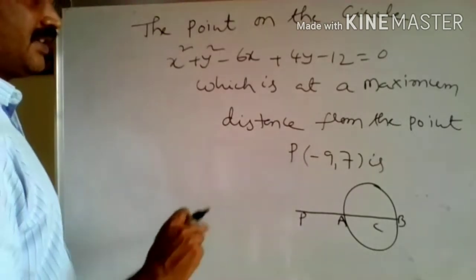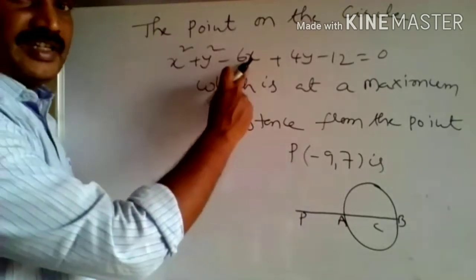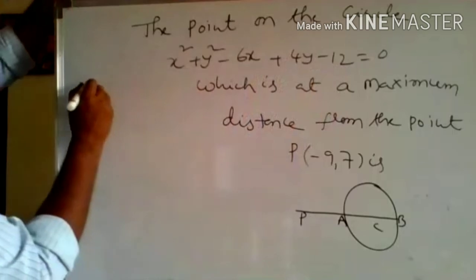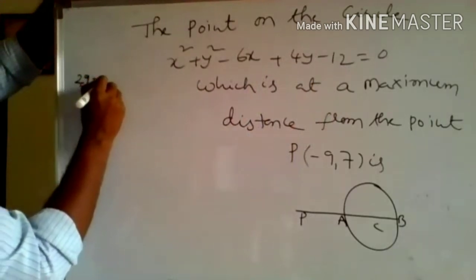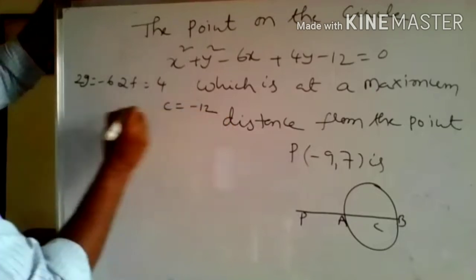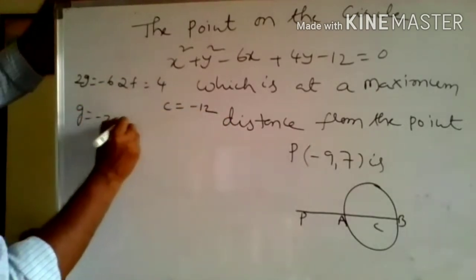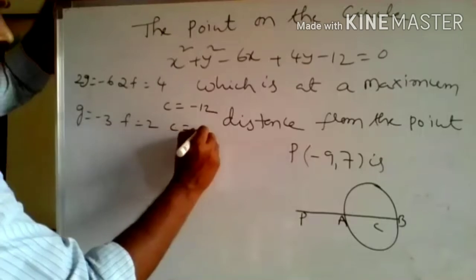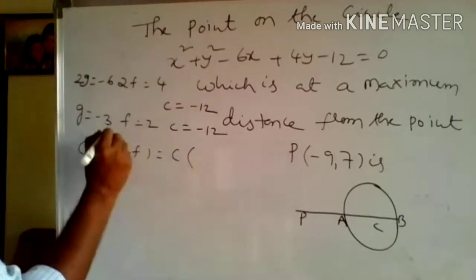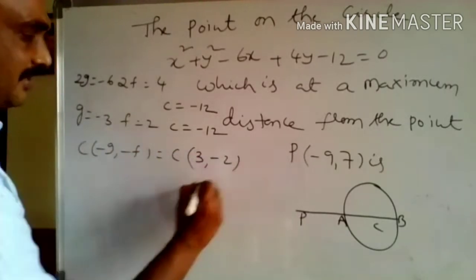This is the general equation of a circle: x square plus y square plus 2gx plus 2fy plus c is equal to 0. 2g is equal to minus 6, 2f is equal to 4, c is equal to minus 12. So g is equal to minus 3, f is equal to 2, c is equal to minus 12. The center formula is minus g comma minus f, so the center is 3 comma minus 2.